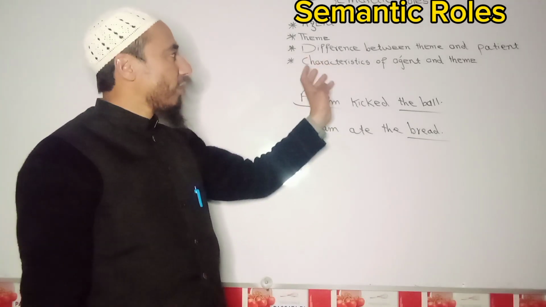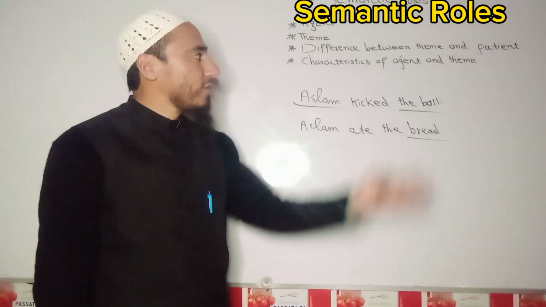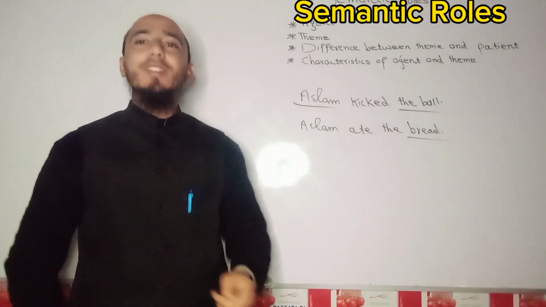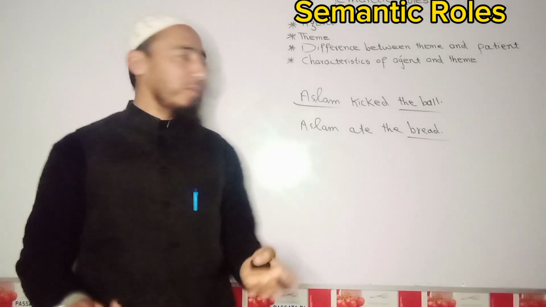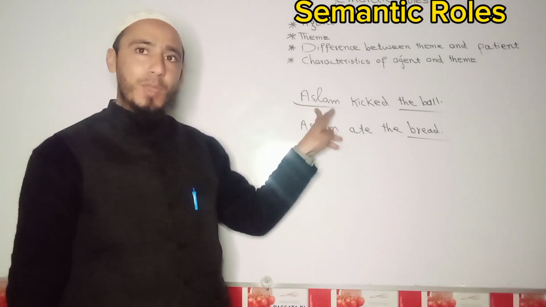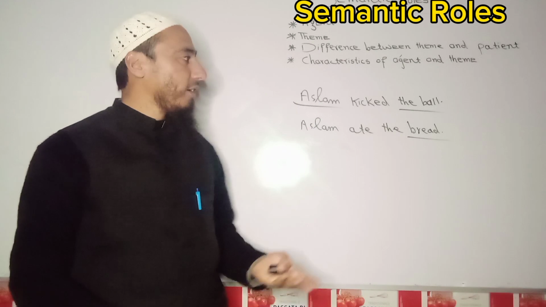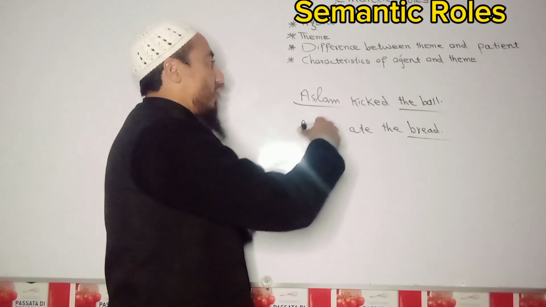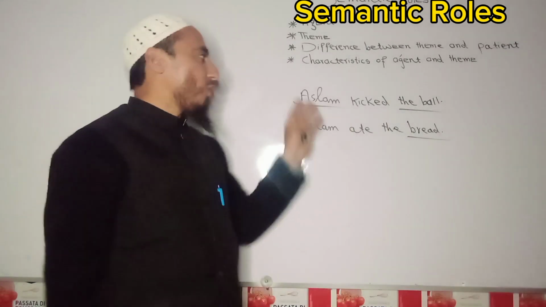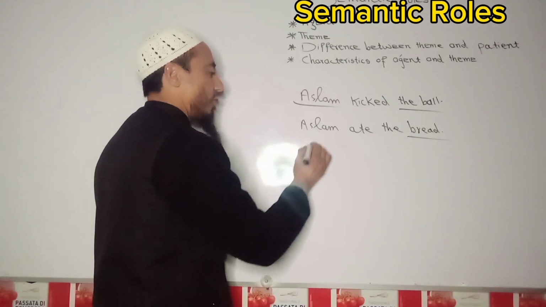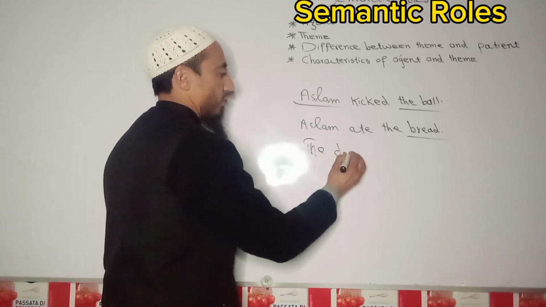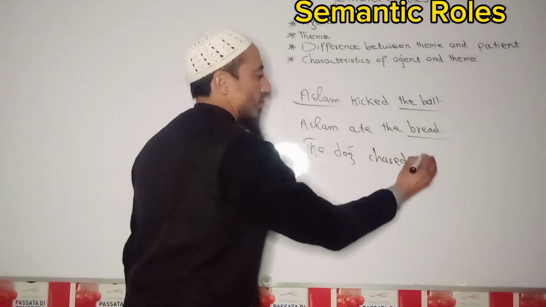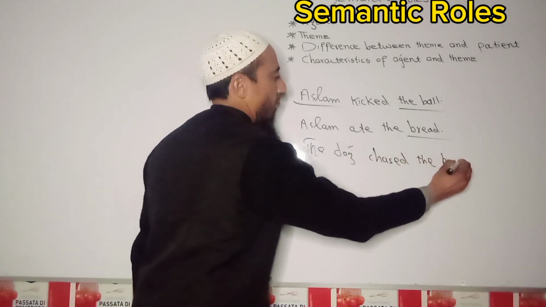Now the question is, what are the characteristics of agent and theme? The characteristic of agent is that agent can be a human being, as I said, Aslam. Agent can be non-human. For example, you may say the dog chased the boy. Instead of Aslam, you say the dog chased the boy.